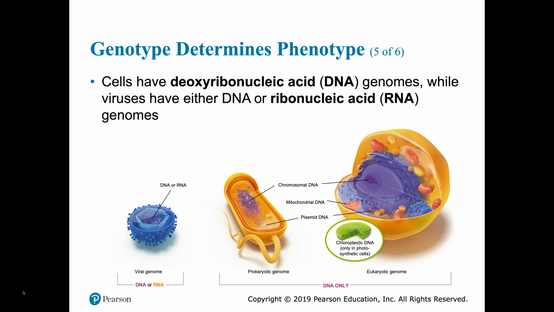Now, this is obviously an exception. This is not a common thing. Most viruses are going to have DNA genomes. Bacterial cells, prokaryotic cells are going to have DNA genomes. Eukaryotic cells, DNA genomes.